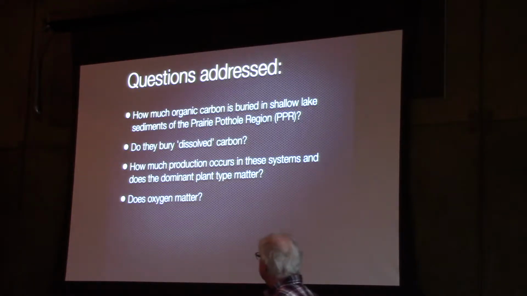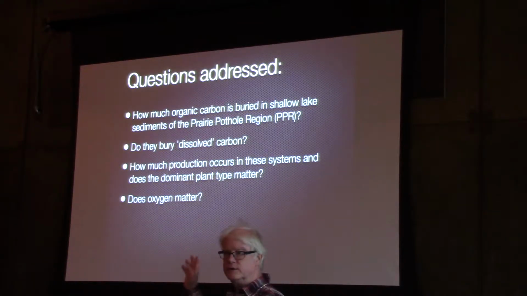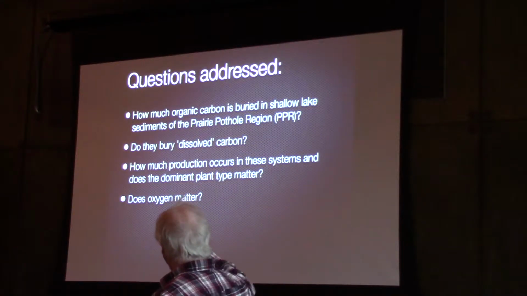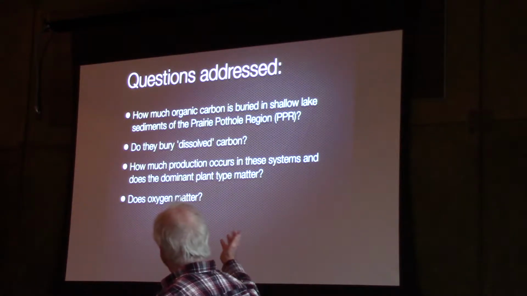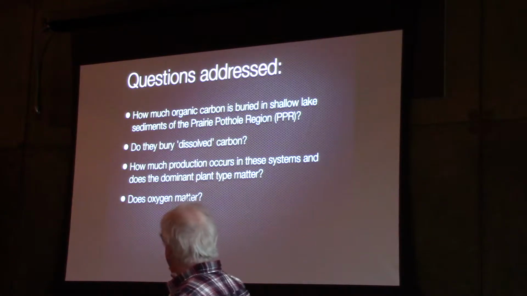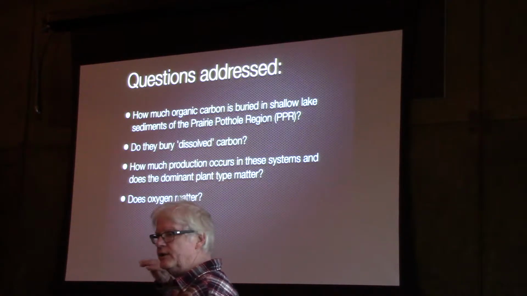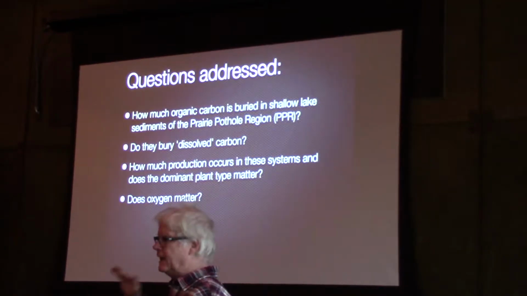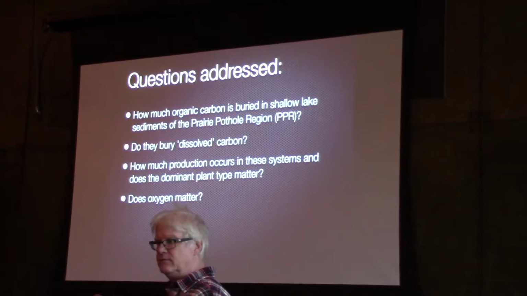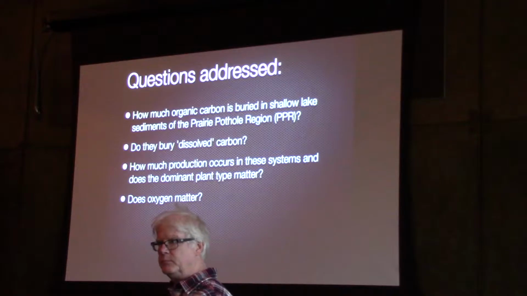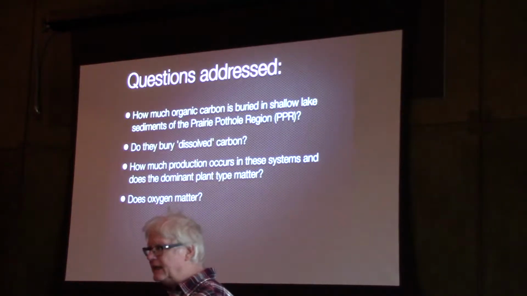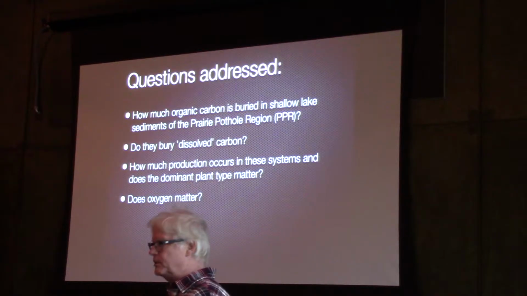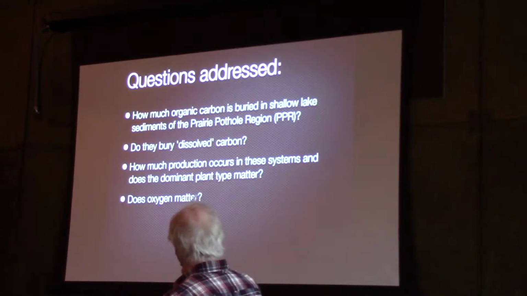So the questions specifically focused on the prairie pothole work that we've been looking at is how much carbon is buried in those systems, okay? We're also interested in whether or not systems can bury dissolved carbon. And I'm not going to talk at all about that today with you, but the take-home lesson is that they can, but it's relatively insignificant relative to particulate matter, right?